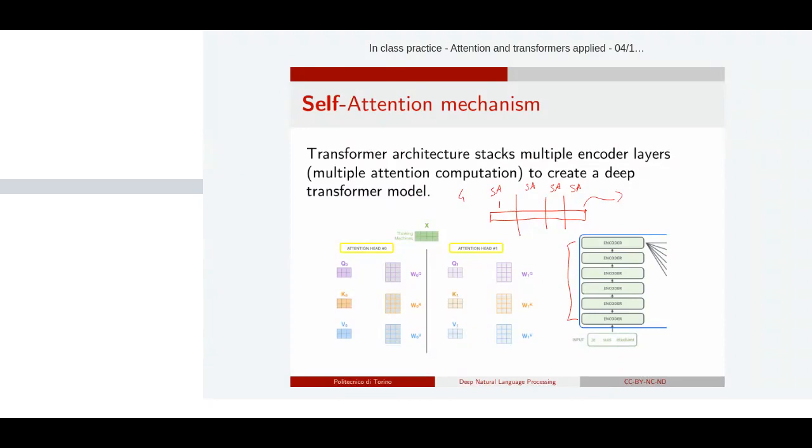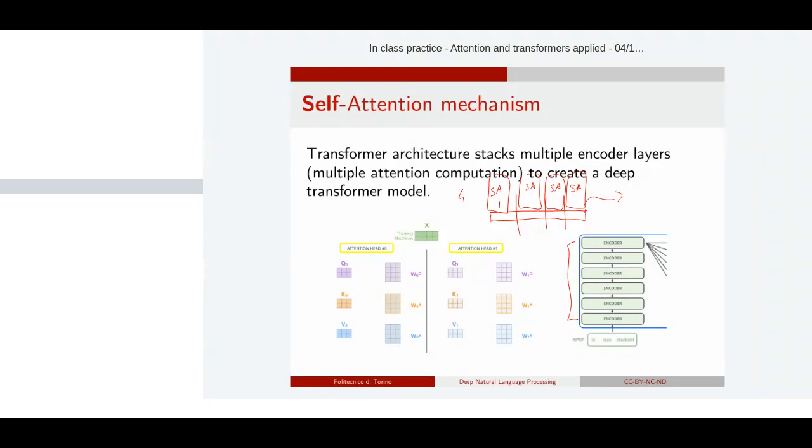Why do we have multiple heads? Because having multiple heads, we can pay attention to different aspects of a given word. It's a little bit tricky to understand. I cannot go into the whole details of this, but the idea is that if you apply self-attention on this part, and then on this part, and so on, you can think that each head pays attention to different things.